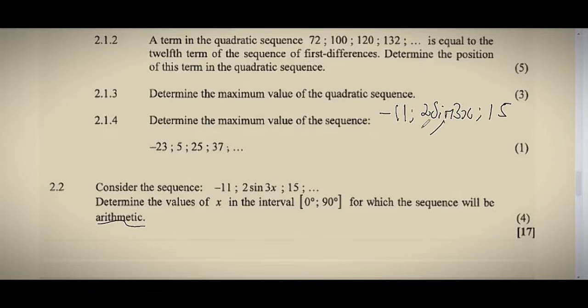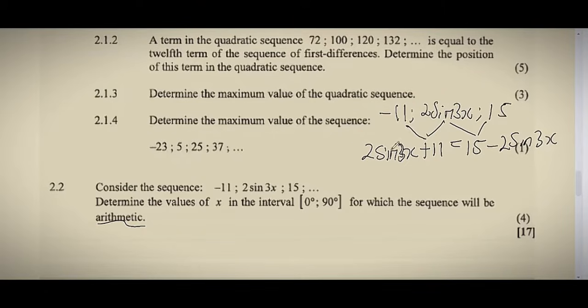the common difference by saying t2 minus t1. That would be 2 sine 3x minus negative 11, so that's plus 11. Then this would be 15 minus 2 sine 3x. But one thing that we know about an arithmetic sequence is that it has a common difference. So we can just go ahead and equate the two, right? Then let's calculate here.